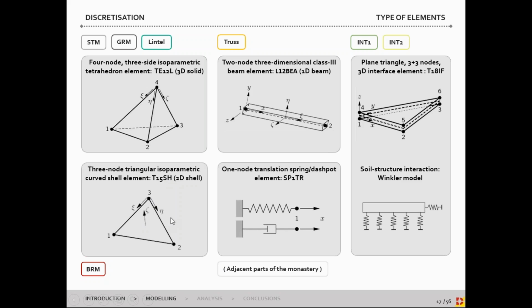These here are the ones that we use for the shell elements, 3-node triangular isoparametric curved shell elements. And then these 3 of the blocks are lesser important elements. We use them for the truss, for the springs that would represent the adjacent parts of the monastery, and finally for the interface that would be used in a lecture model.